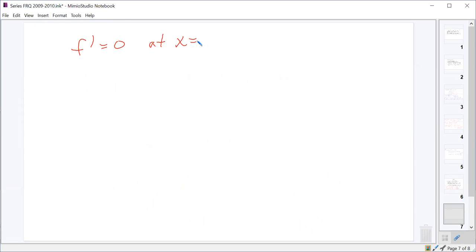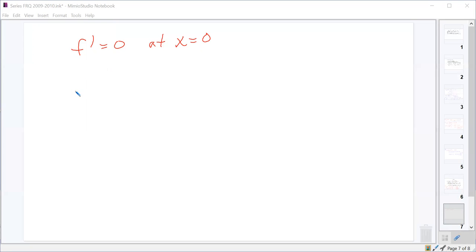But how are we going to determine if the function is increasing or decreasing there? What will we need to use? Okay, we could use a sign chart. That's going to be a little more difficult, though, I think. I think it'd be easier if we used a second derivative test. So if our first derivative is 0 at 0, we can look at the second derivative of our function at 0 and figure out what it is.